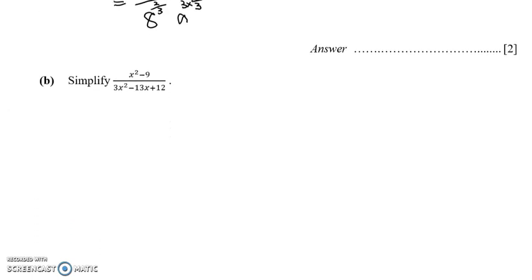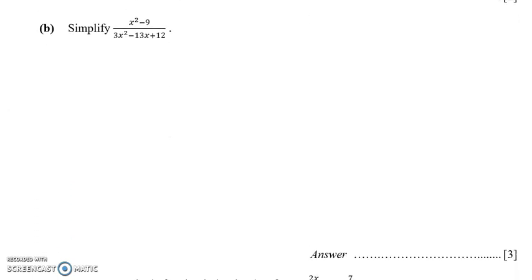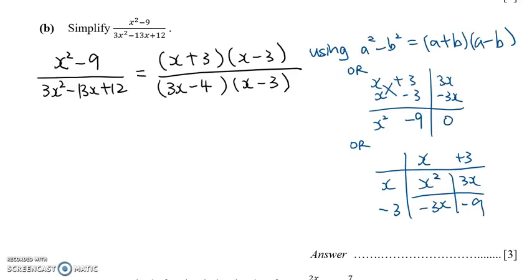Let's go on to question 1b. We need to simplify this expression. We will start by factorizing both the numerator and denominator. For the numerator, we can use either the algebraic formula a squared minus b squared, or we can use the cross method or the multiplication form to do the factorization.